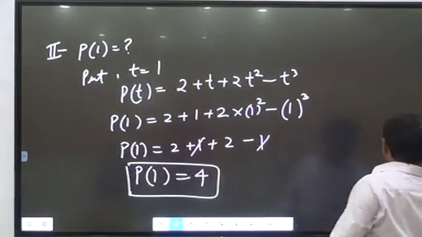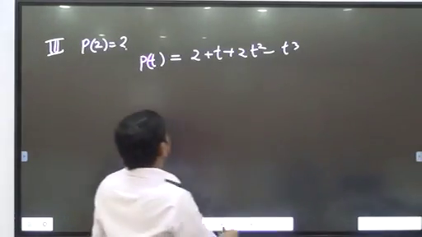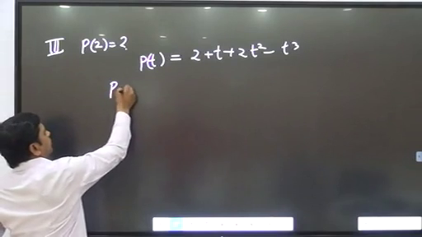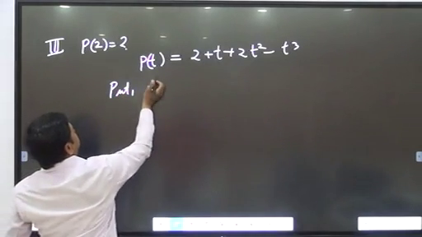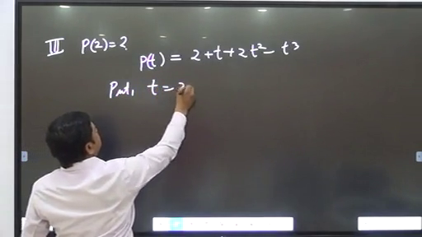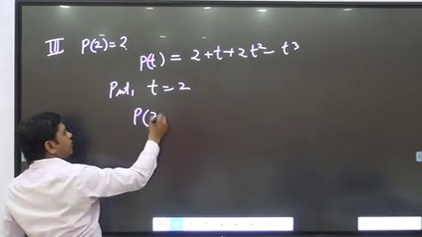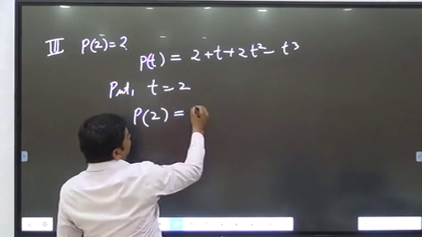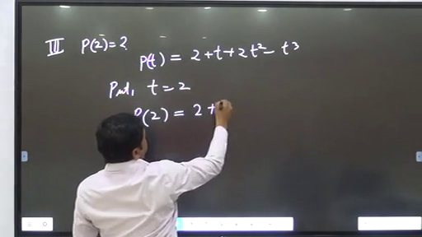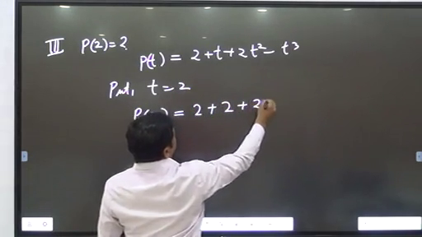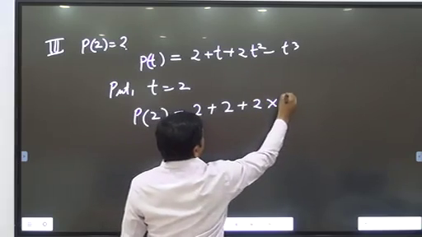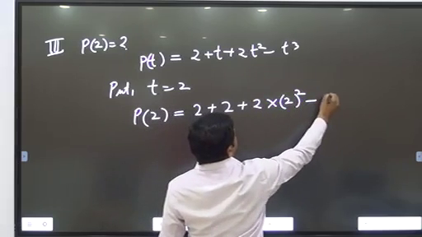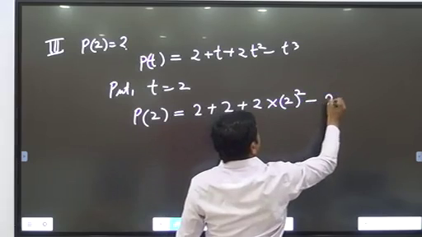Put t equal to 2. p(2) equal to 2 plus 2 plus 2 into 2 square minus 2 cube.